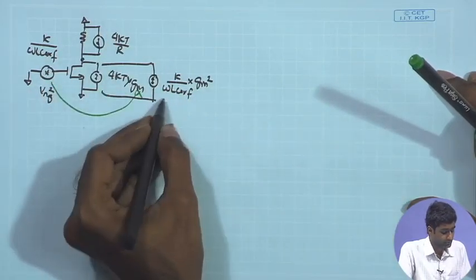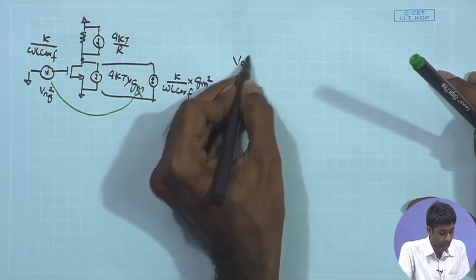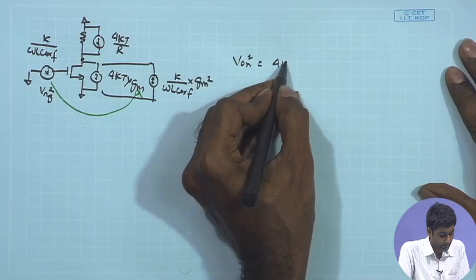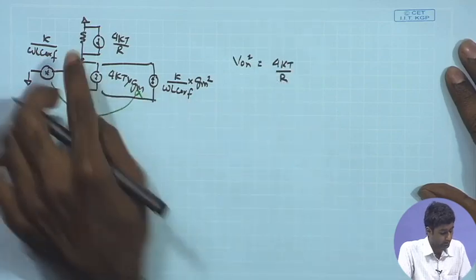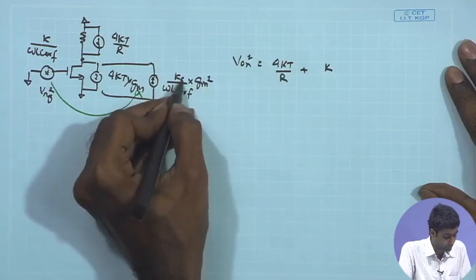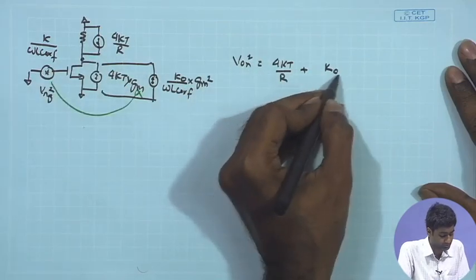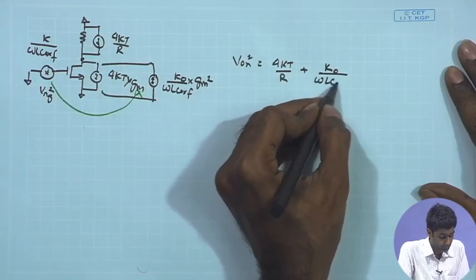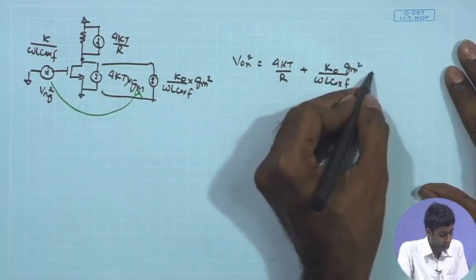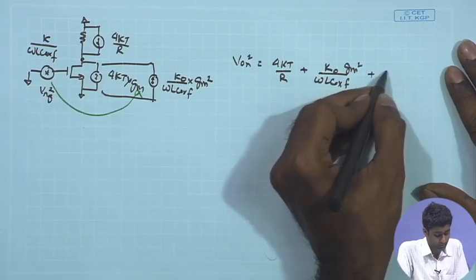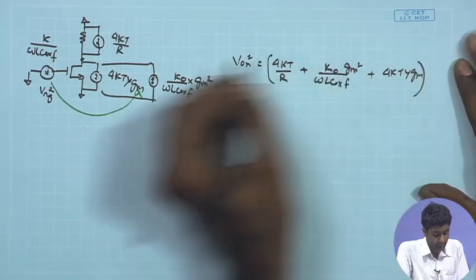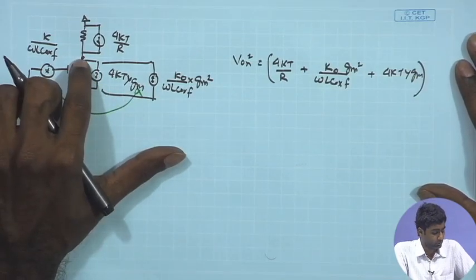So, I have the VON square given by the 3 noise sources: 4kT/R plus, let me call it K naught so that it does not get confused with the Boltzmann constant, K naught/(W L Cox f) gm square, plus the 4kTγgm, times the overall resistance at this point.